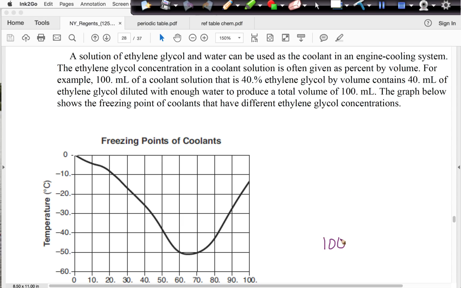For example, 100 milliliters of coolant is 40% ethylene glycol. That means it contains 40 milliliters of ethylene glycol diluted with enough water to produce a 100 milliliter solution. The graph below shows the freezing point of coolants that have different ethylene glycol concentrations.